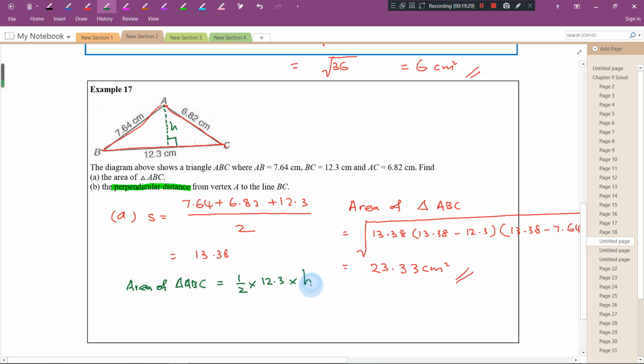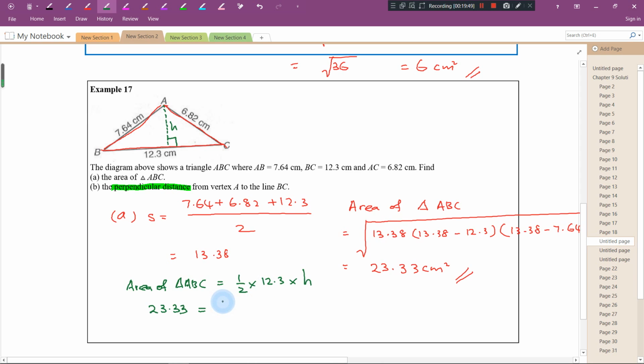Perpendicular height. And now we know the area of the triangle is equal to this 23.33. So we can just use this information we got just now, plug in over here. Okay, then we should be able to get the value of h.